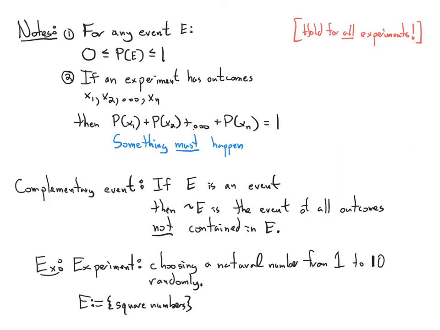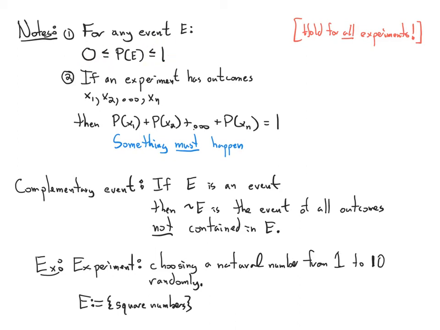A few rules about probability. And I want to note that these hold for all experiments. It doesn't have to be just for equally likely outcomes. So this holds for absolutely all experiments. The first one, and this is kind of obvious, but the probability that any event occurs has to be between 0 and 1 inclusive.